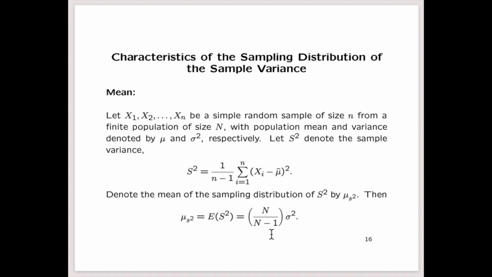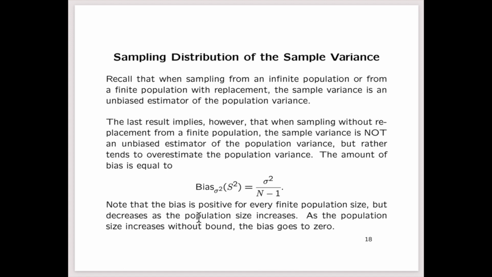So right here we can see that S squared, under simple random sampling, the usual sample variance, is not going to be an unbiased estimator of the population variance because its expected value, in other words, the mean of its sampling distribution, is not equal to sigma squared, but something larger than sigma squared. In addition, we see here a formula for the bias of S squared as an estimator of sigma squared that is given to us by the theory. These are both very good formulas that you need to have in your note sheet.